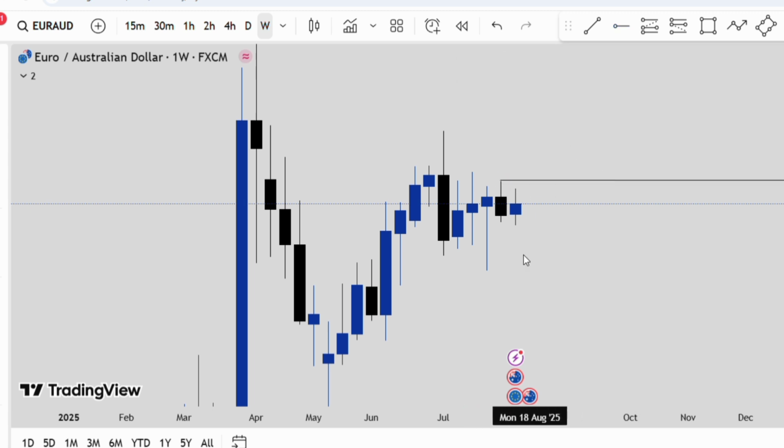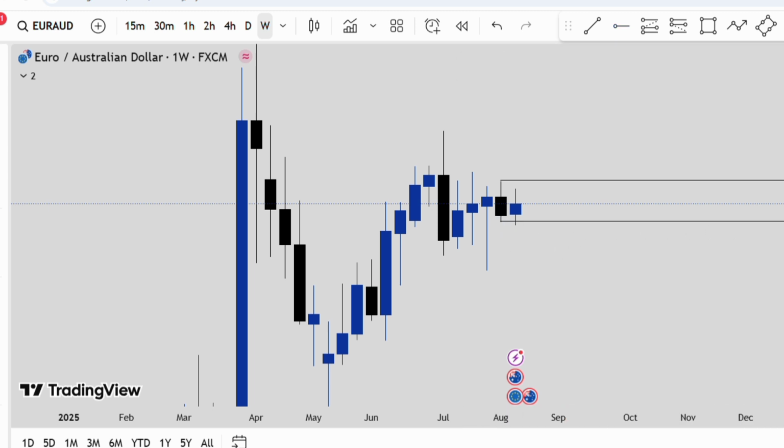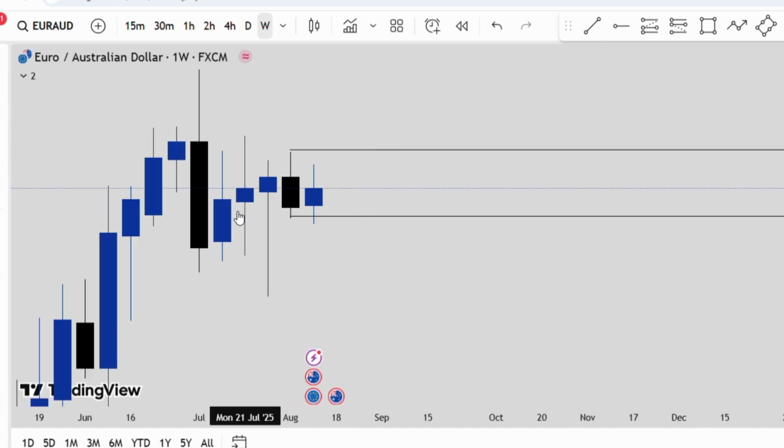The price hasn't mitigated it yet, but the price has taken out the sell side liquidity already. You see, price swept the sell side liquidity already, but hasn't taken the buy side liquidity.